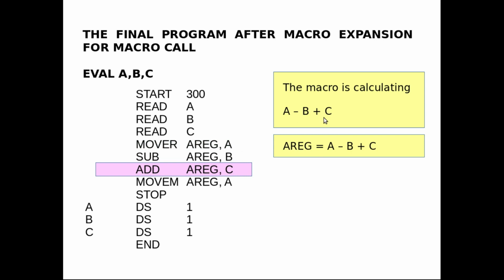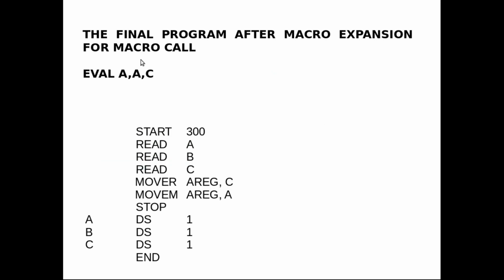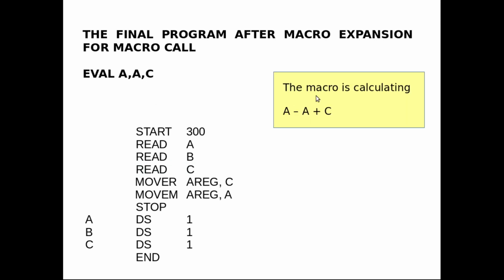Now for the second example that we saw today, we had the macro call eval a comma c, and we said that the macro is calculating the expression a minus, in this case b is a, so it is calculating the expression a minus a plus c.